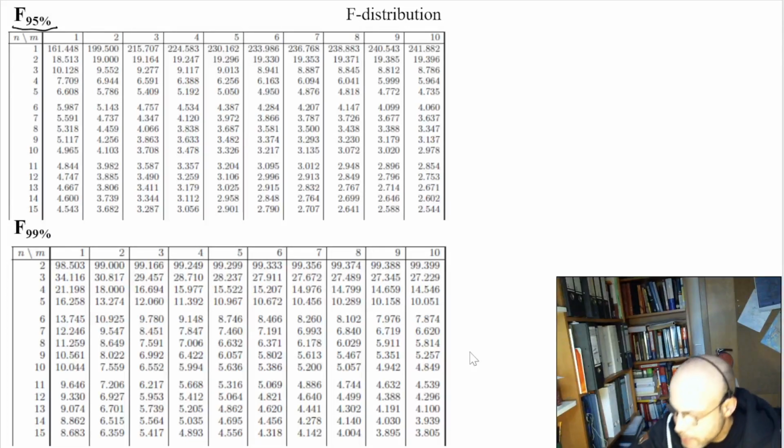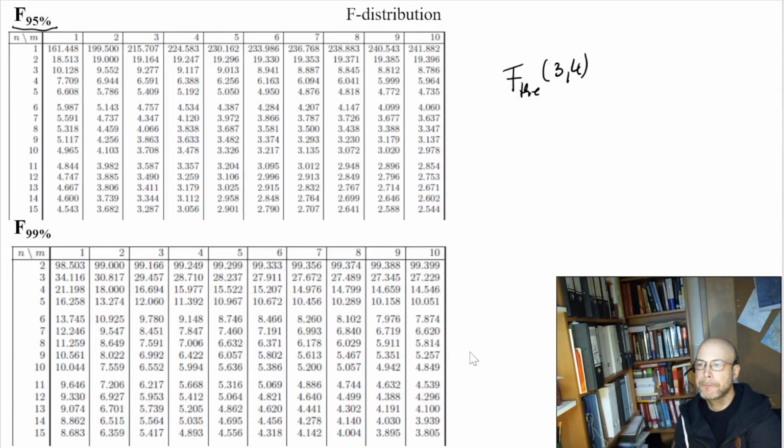So which would be now the theoretical value of F, of course 3, 4, and 95%?